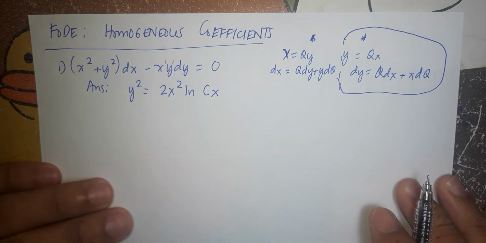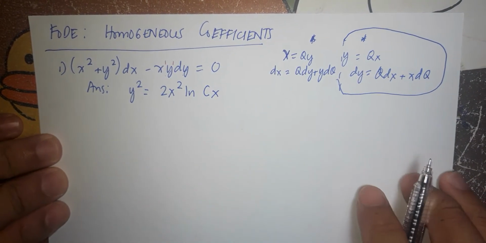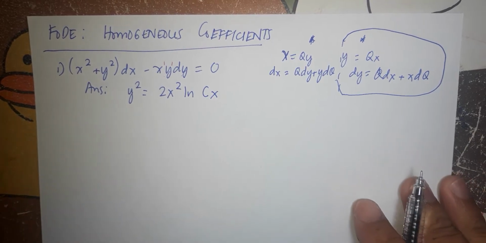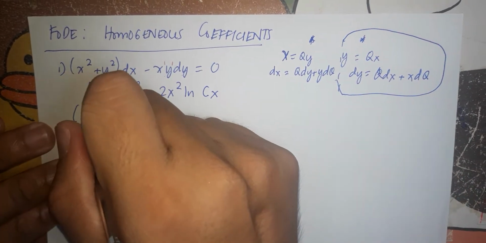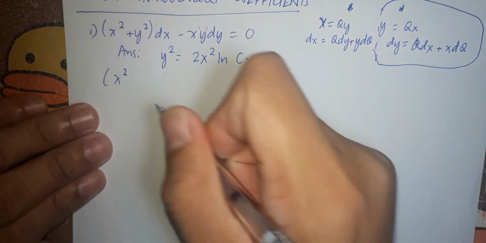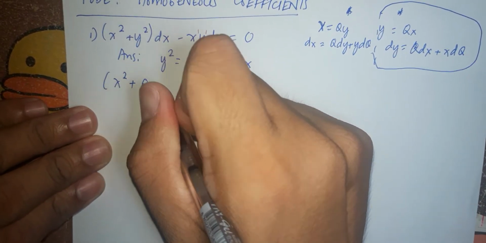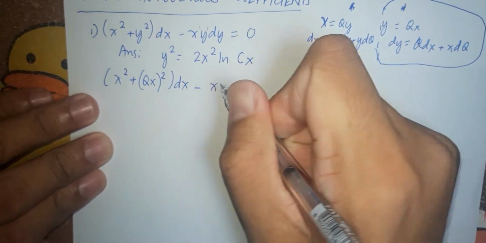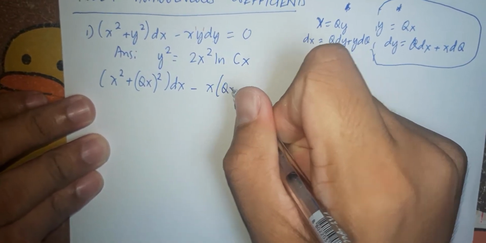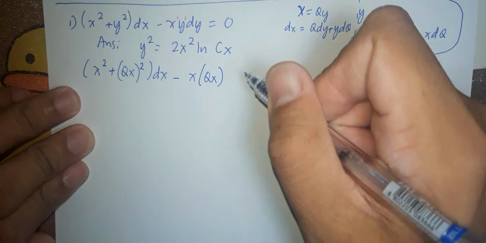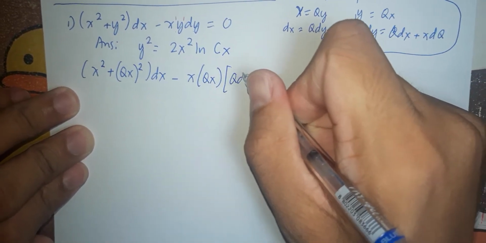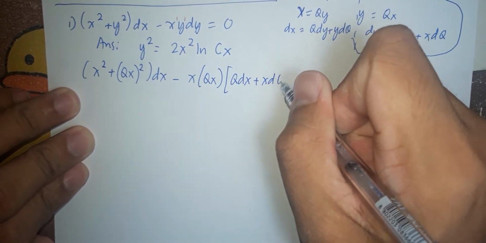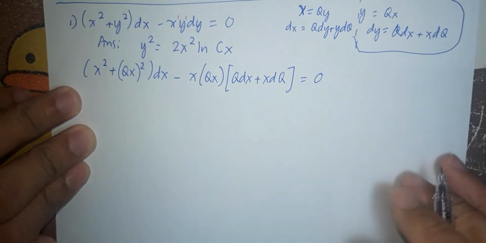So, using that substitution, y is equal to qx, we are to replace all the y's with qx. Substituting, we get x squared plus qx raised to the second power dx minus x multiplied by y, which is qx, multiplied by dy, which is q dx plus x dq, is equal to 0.